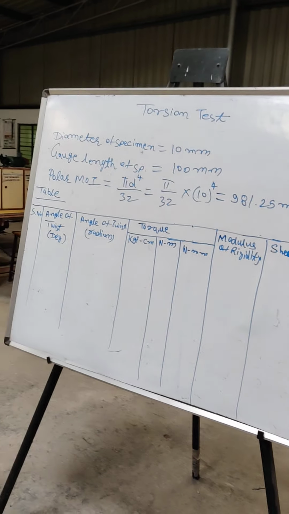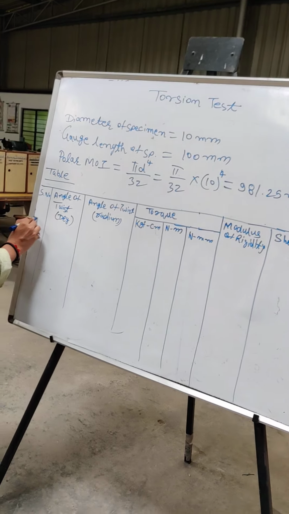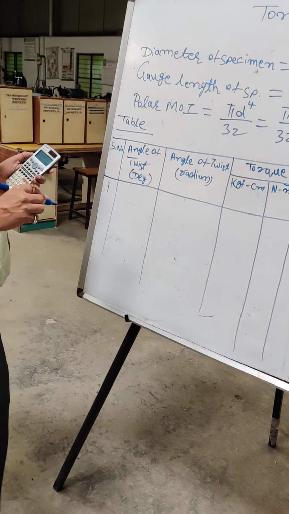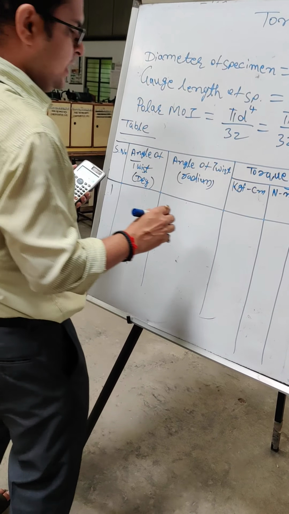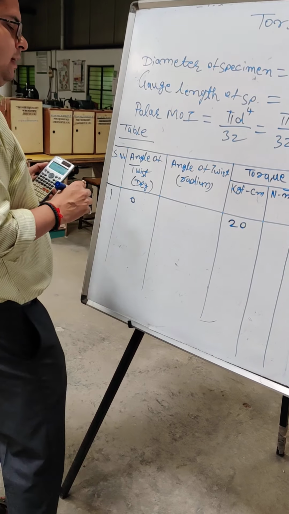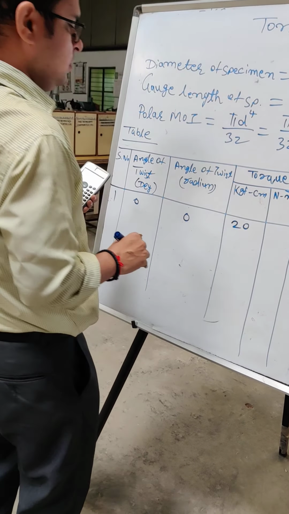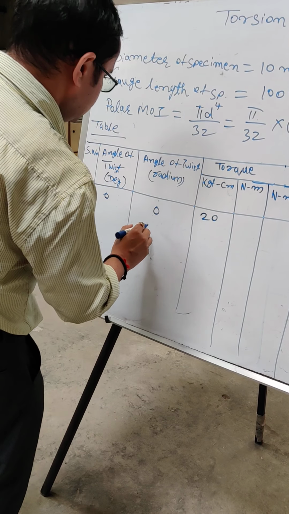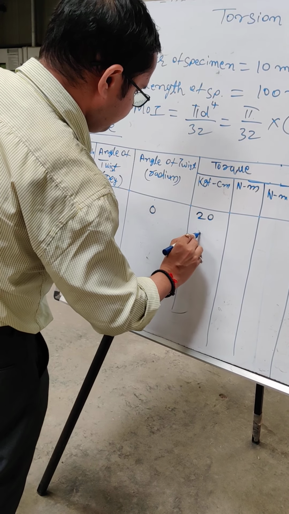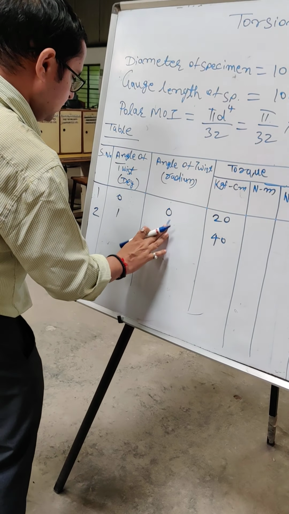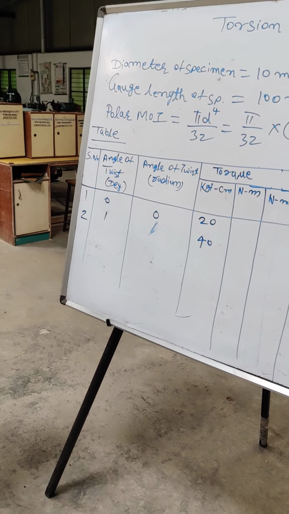In this, you can see we have noted down 5 readings. First one, 20 kgf, there is 0 degree, here also 0. Second one is 40 kgf and 1 degree, and 1 degree we have to convert into radian.